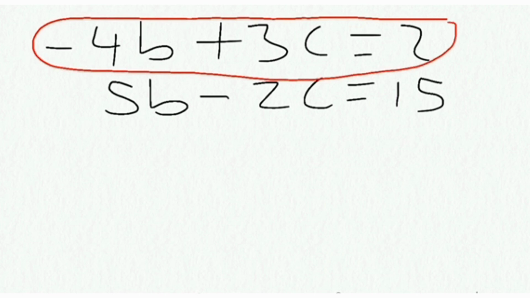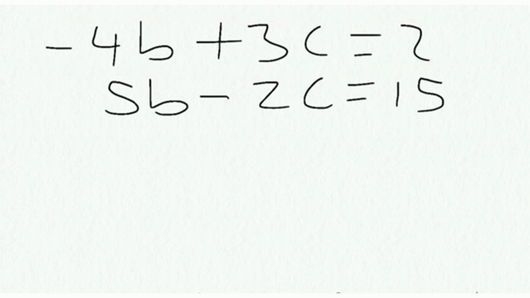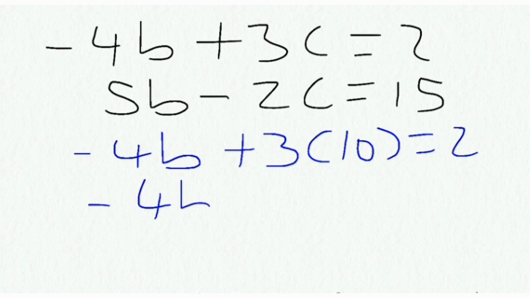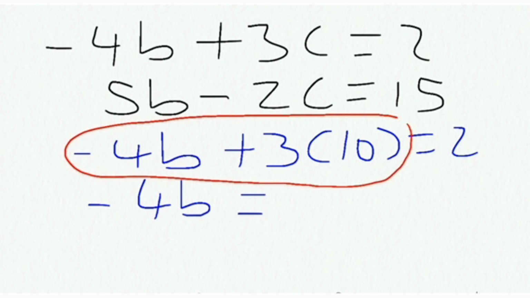When we know that our value of c is equal to 10, negative 4b plus 3 times 10 is equal to 2. Negative 4b is equal to, remember that I have to remove 3 times 10 from this side because 3 times 10 is equal to 30.